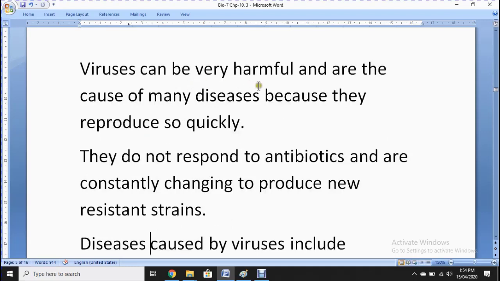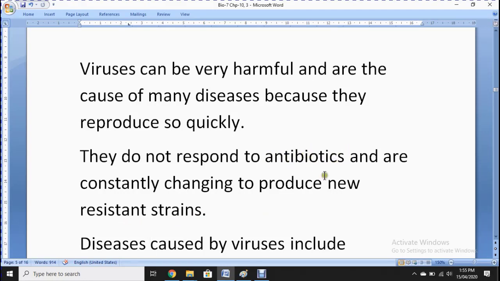Viruses can be very harmful and are the cause of many diseases because they reproduce so quickly. Their multiplication time is so fast that they can quickly harm or affect other cells. They do not respond to antibiotics and are constantly changing to produce new resistant strains. First of all, they don't respond to antibiotics.